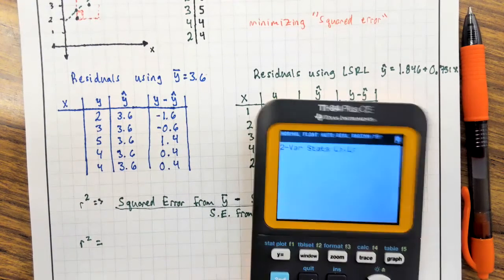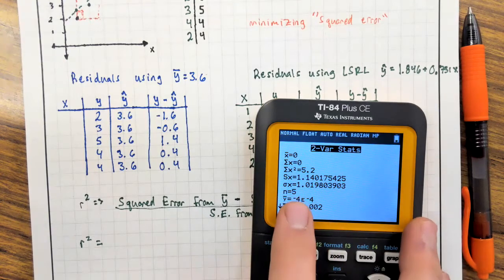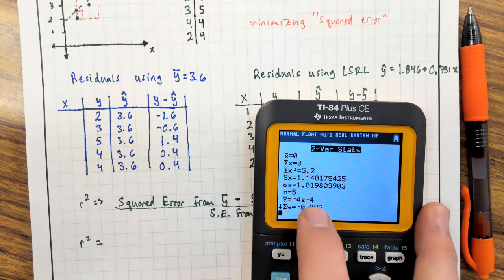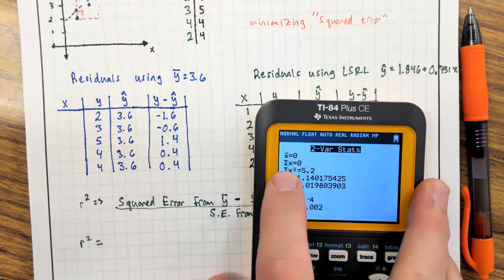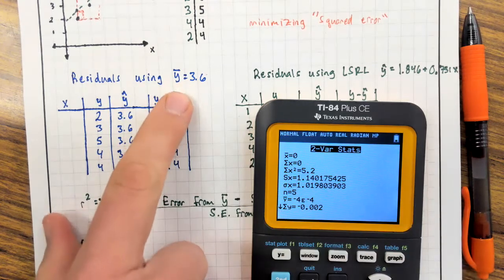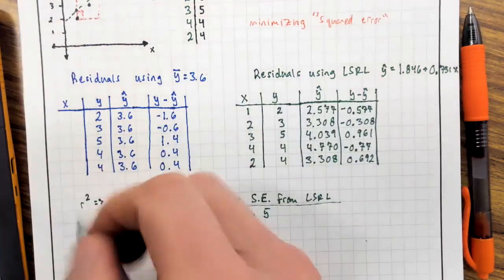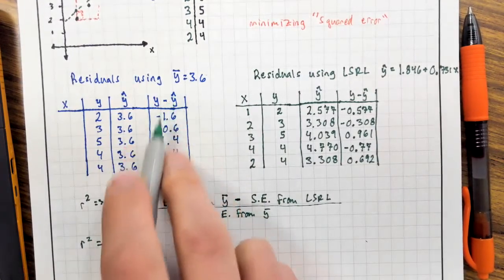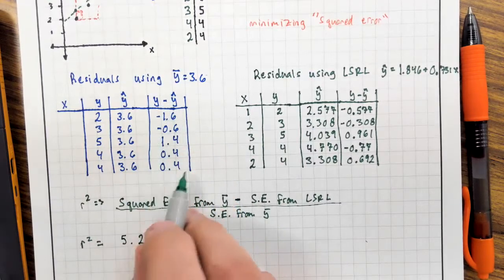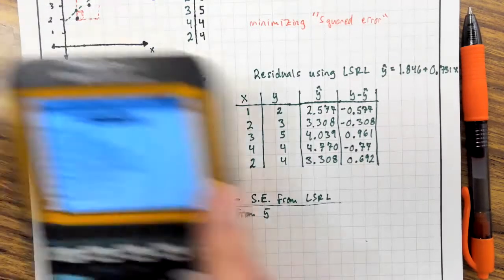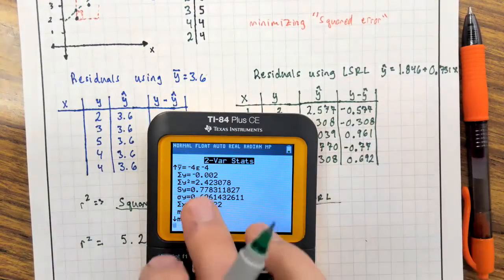So I'll go down to calculate, and hopefully this looks pretty familiar to you. Where's my sum of my error? There it is. The sum of the squared residuals for y bar is 5.2. If I squared all of these residuals and added them together, I'd get 5.2. And the sum of my least squared regression line's error is 2.4.